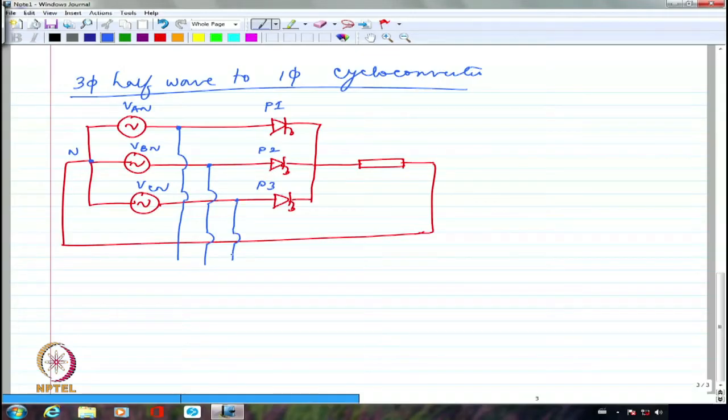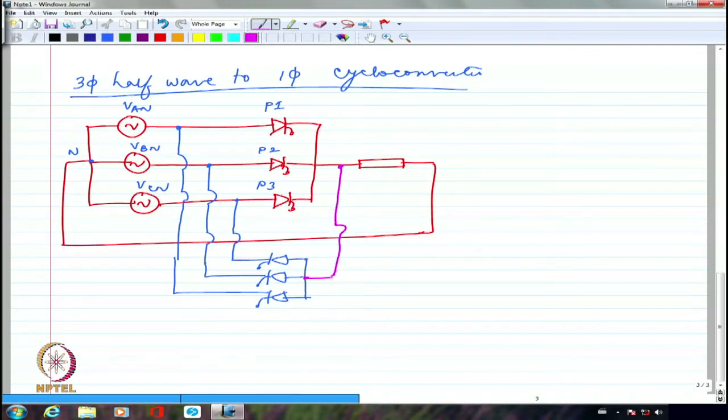But I am going to have essentially 3 thyristors connected in the opposite sense. So this is the second one and this is the third one. 3 thyristors are connected in the opposite sense and these are star connected now, and I can connect this to the same point here.